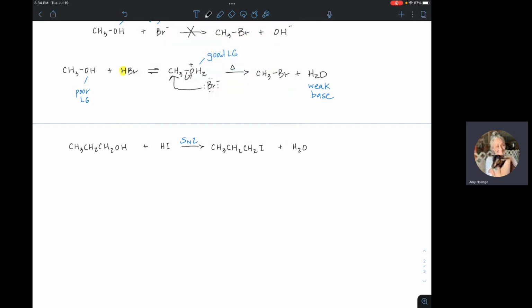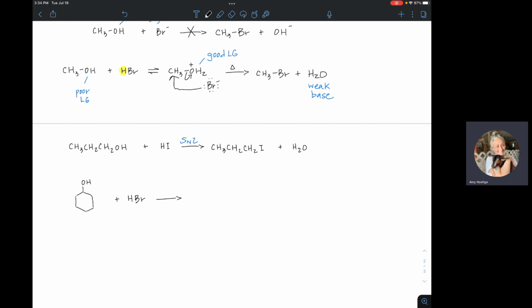We could take a secondary alcohol and we could allow this to react with a strong acid, say HBr.